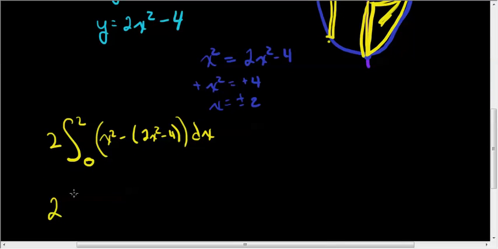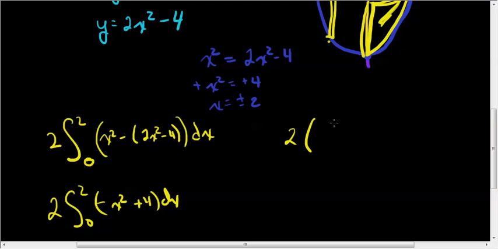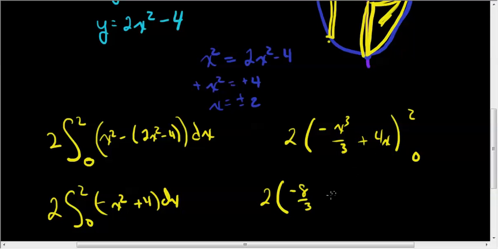Simplifying, this is 2 times the integral 0 to 2 of negative x squared plus 4 dx, which is 2 times negative x cubed over 3 plus 4x as x goes from 0 to 2. So this is 2 times negative 8/3 plus 4, minus 0 plus 0, so minus 0.